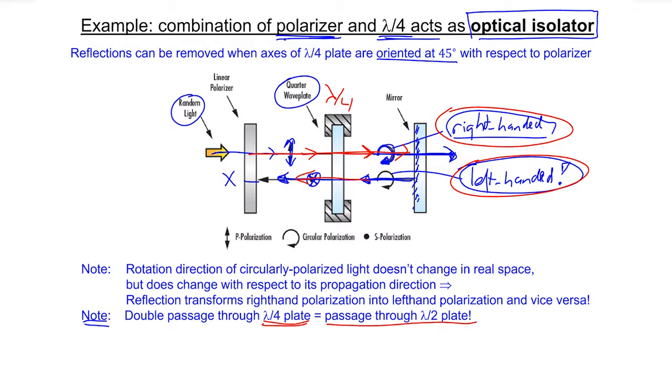And for a half wave plate, you know that if you start with linear polarization in the y direction, and if the half wave plate has its axis oriented at 45 degrees with respect to this input polarization, you have to decompose along the slow and fast axis.